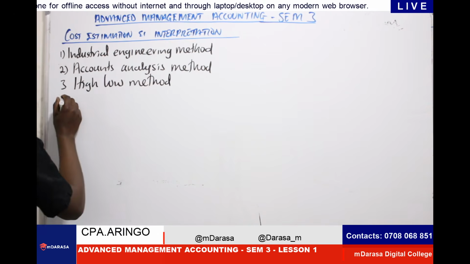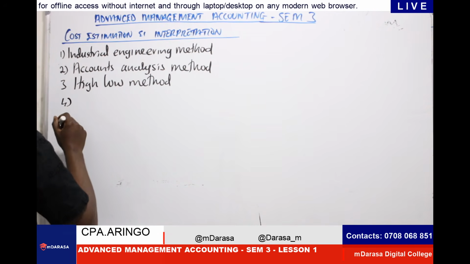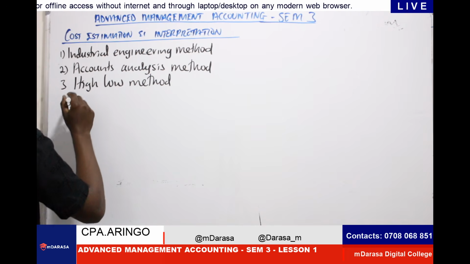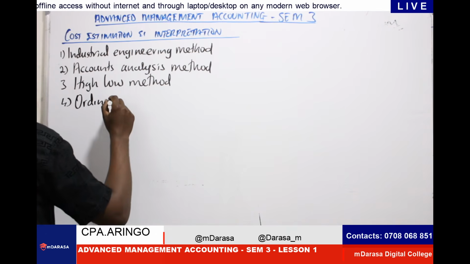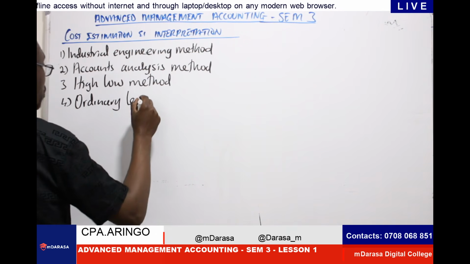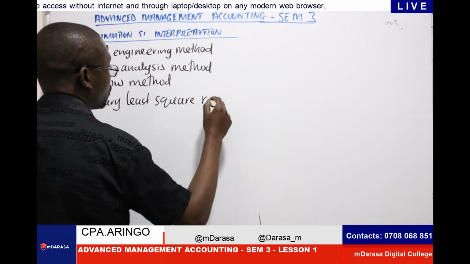Number 4, what we normally refer to as the least square regression method, ordinary least square regression analysis.